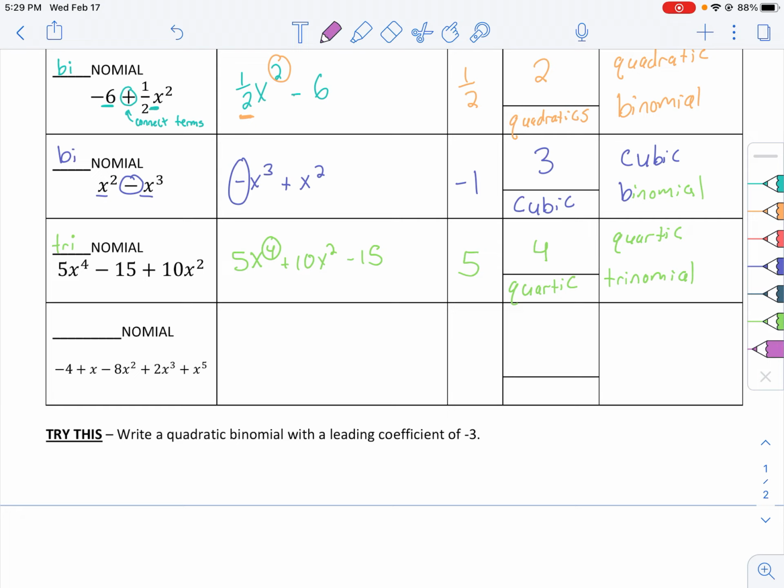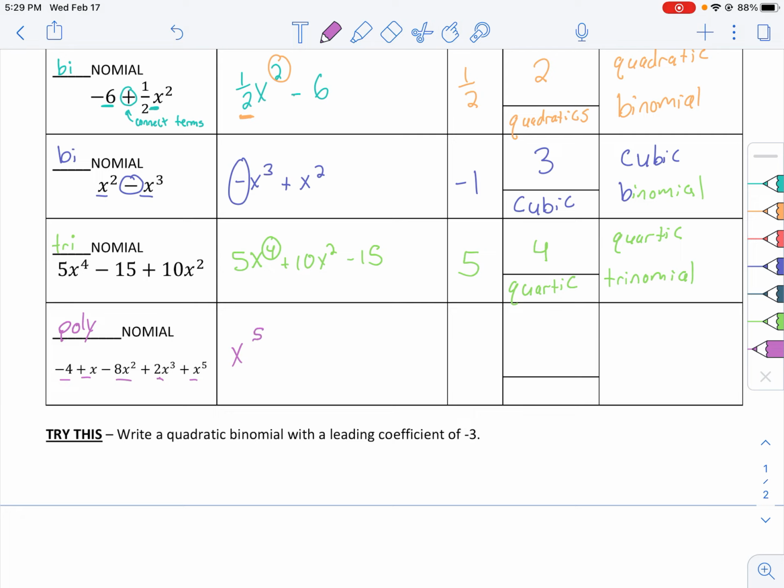And then last but not least down here, we have 1, 2, 3, 4, 5 terms, right? So this one, we actually don't have a specific opener for it. It's called a polynomial, which is what we've been talking about all day today. Polynomial just means that there's multiple terms. Poly standing for multiple.